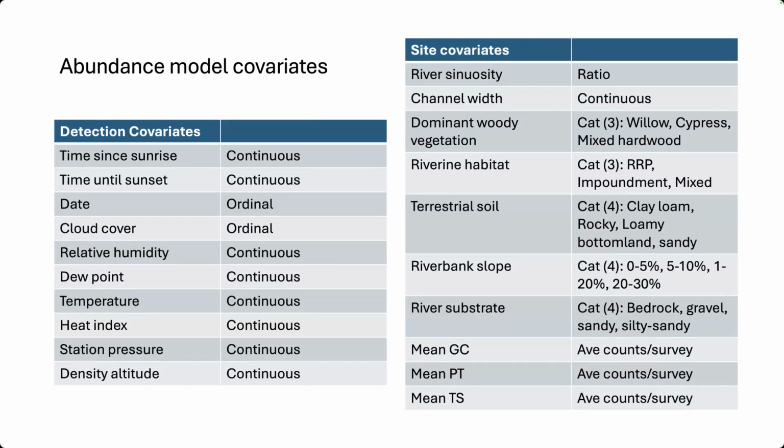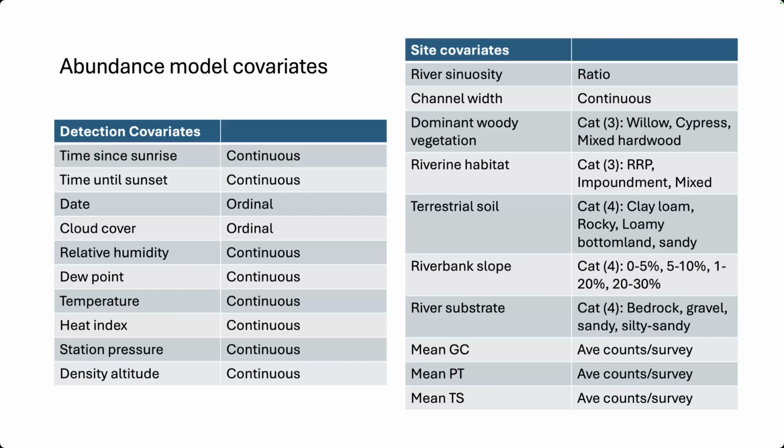But we also included some time data, for example, time since sunrise in minutes that we obtained from the NOAA solar calculator, and also time until sunset, ordinal date, cloud cover, and various other measures: humidity, temperature, station pressure. And we also looked at some site covariates. The site covariates relate more to abundance, whereas the detection covariates, of course, as the name implies, relate to whether or not we're going to detect a turtle at a site.